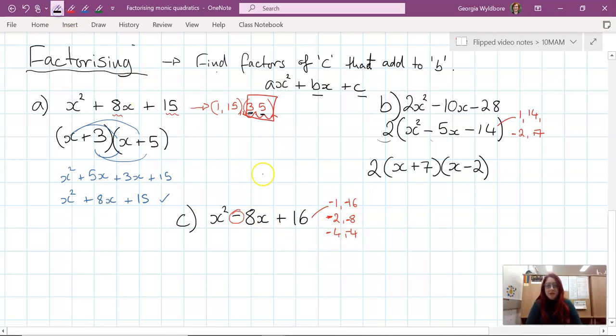In this case, the ones that are going to add to give us 8 are 4 and 4. So we would have x minus 4 and x minus 4. Because these are the same, that means we've got a perfect square. So we can write that as x minus 4 squared.